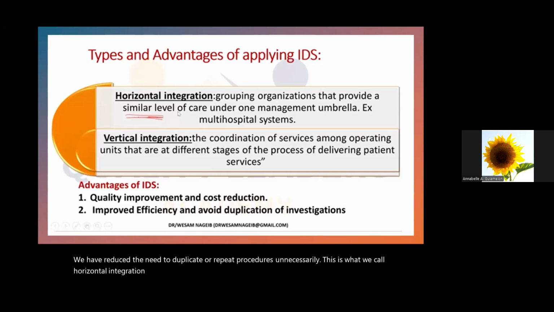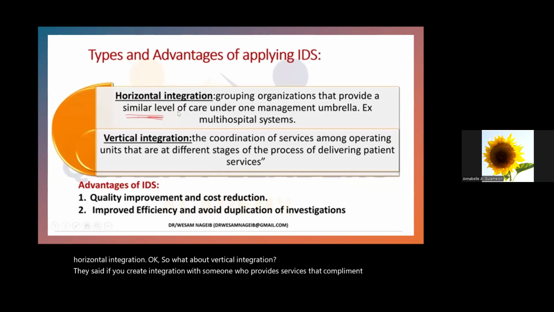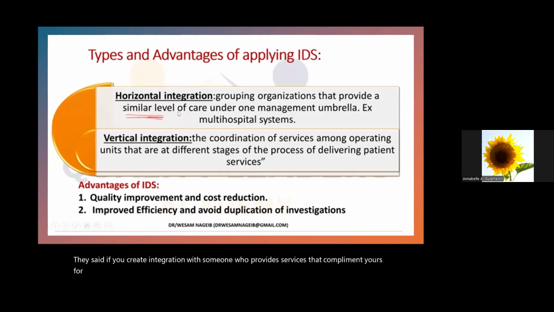Okay, so what about vertical integration? If you create integration with someone who provides services that complement yours, for instance, you are a small organization without an MRI or CT scan center, and you sign a contract with another center that offers MRI and CT scans, then there's a contract between you.